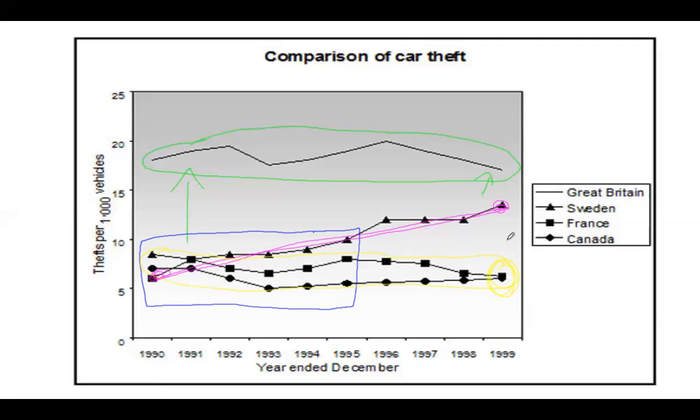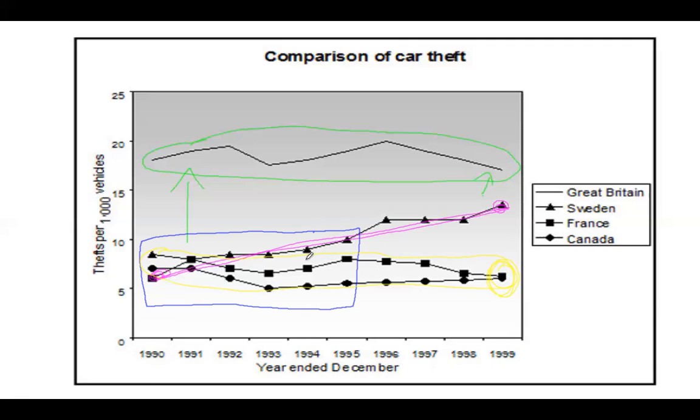Remember, don't say things like the car thefts in 1999 for France and Canada were 6 per 1,000. Don't say that. Always say approximately or about. Never give exact figures.